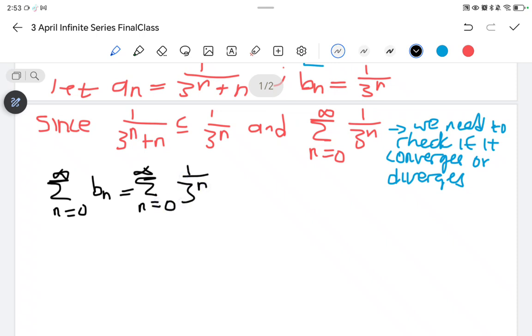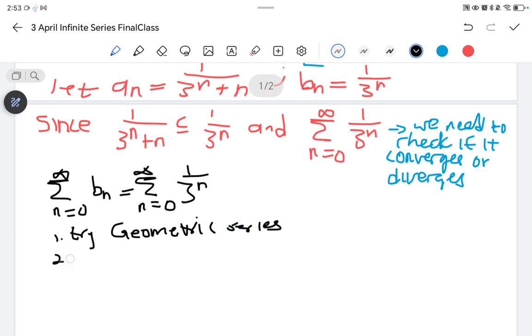For us to check this always, first, you try geometric. Any question that you come across that you need to check whether it's convergent or divergent, as long as it doesn't specify which test to use, you start by geometric series. Right? Try geometric series.